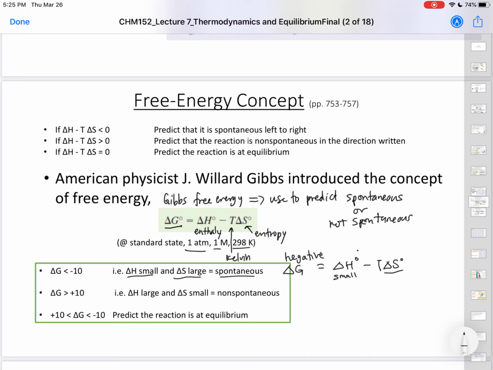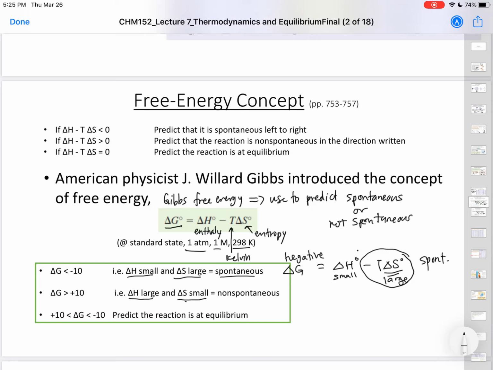The only way that happens is if this is small and then this is large, right? So then you get a large value here, and so it's negative, okay?